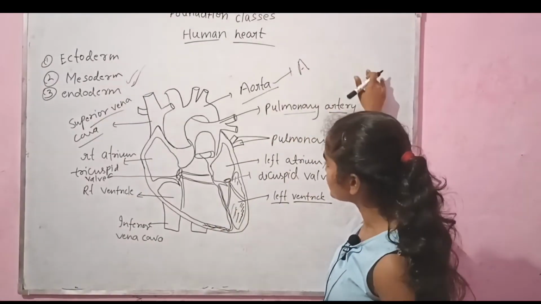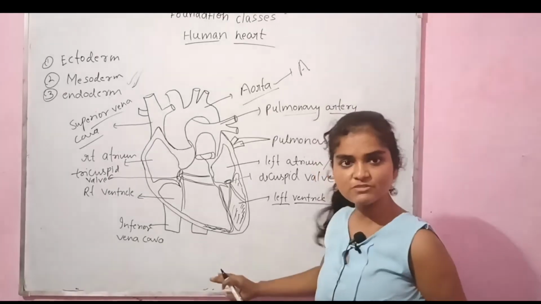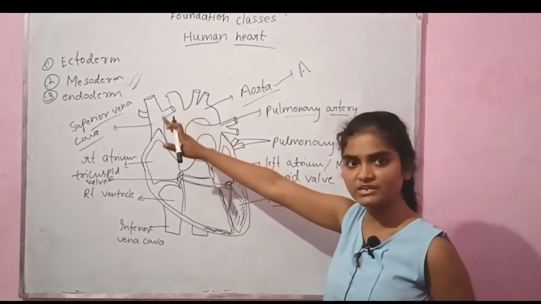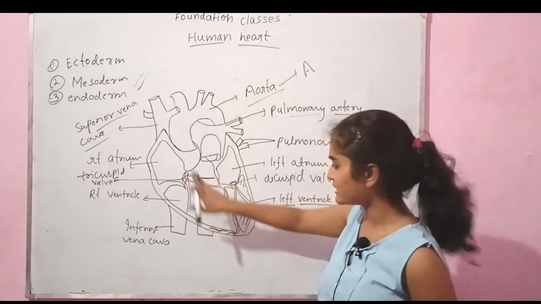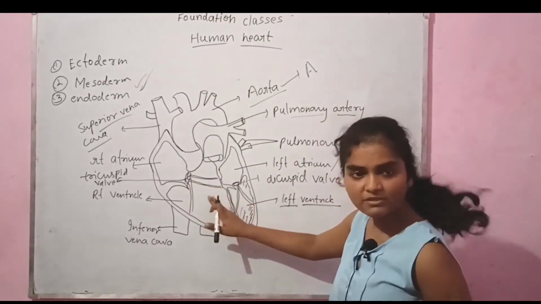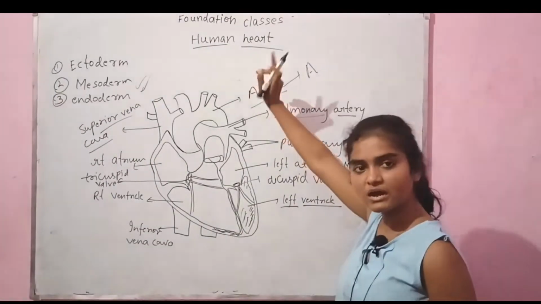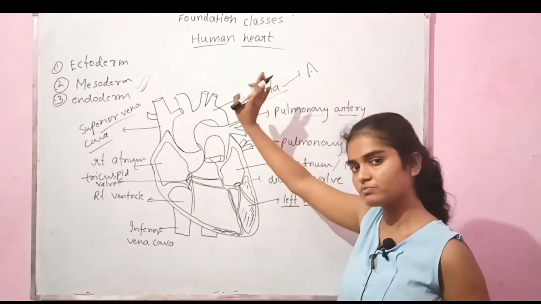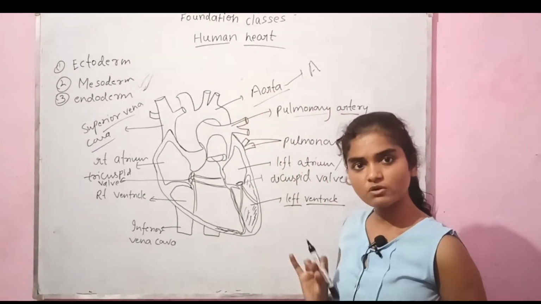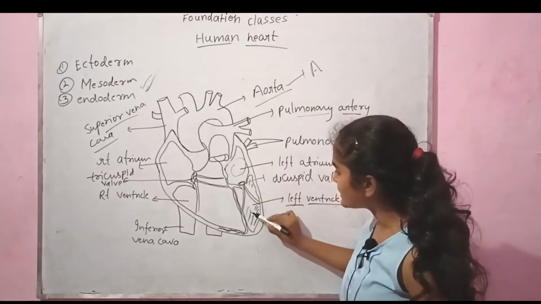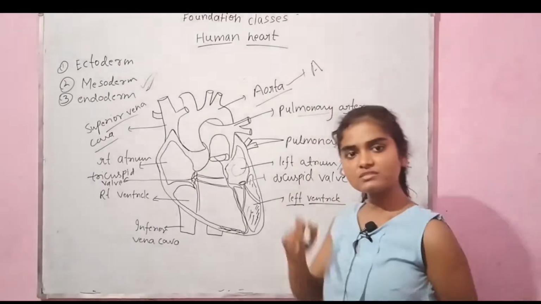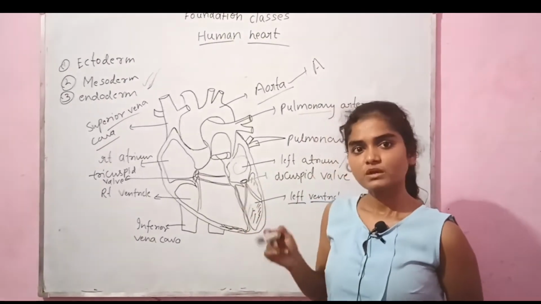This continues into the venules, veins, and the superior or inferior vena cava. Then it returns to the right atrium and right ventricle, and again goes to the lungs where blood gets oxygenated, and again comes into the left atrium, then left ventricle, then aorta. This cycle continues.